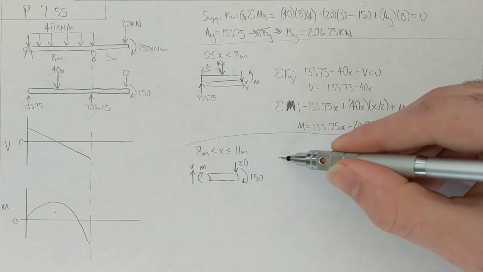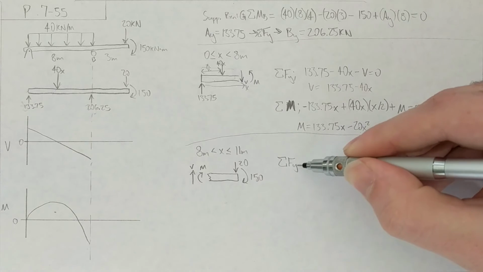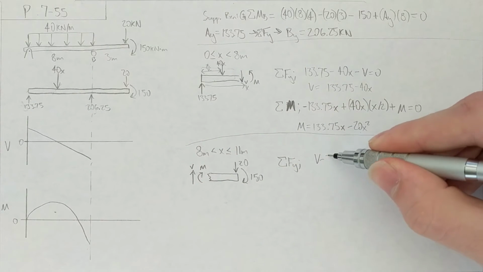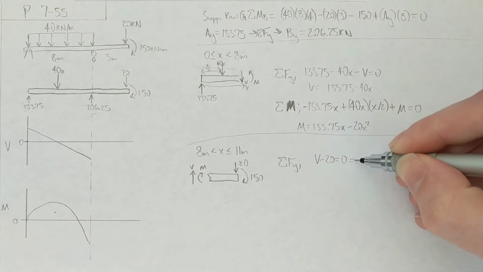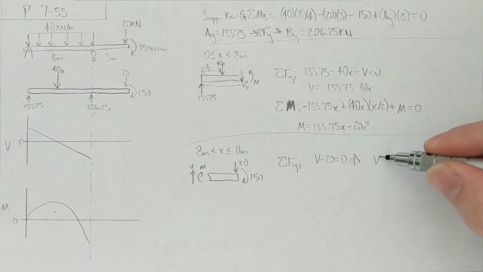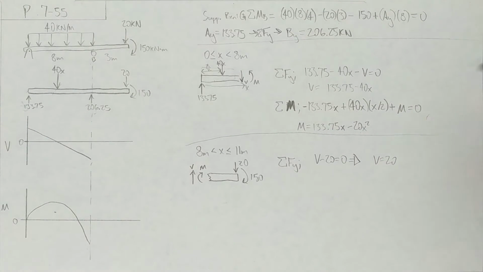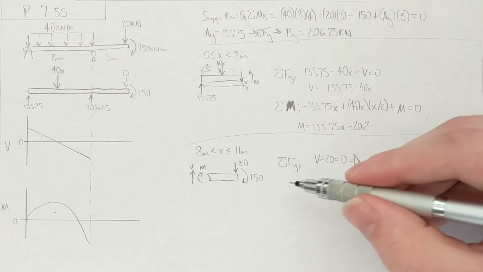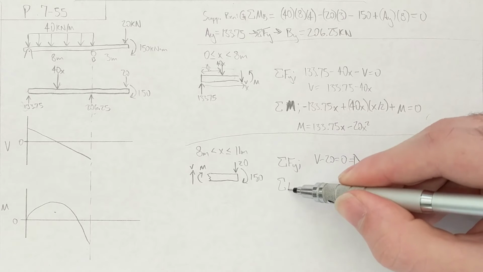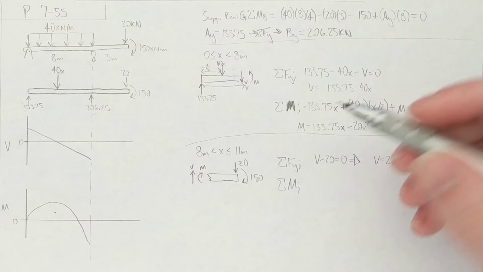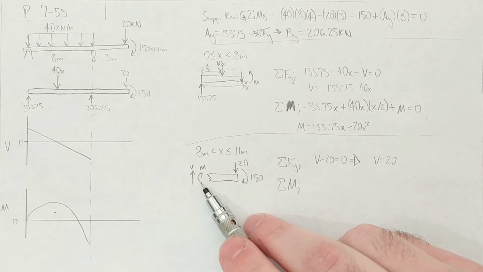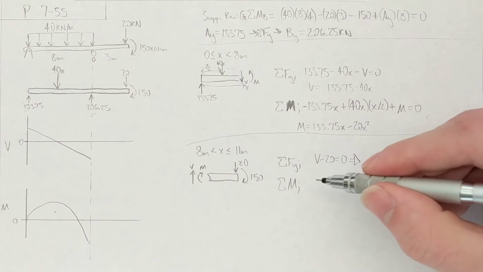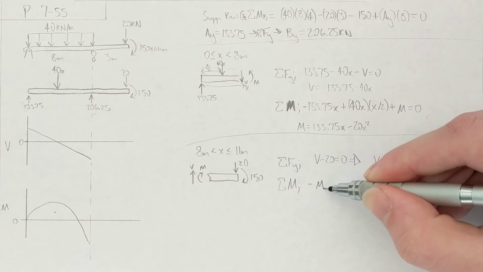Alright, so let's sum in our y direction. That's not too tough. We've got V minus 20 equals 0. So V equals 20. Neat. And then in M, our positive convention M is going to be negative right now. So minus M, minus 20 times whatever.